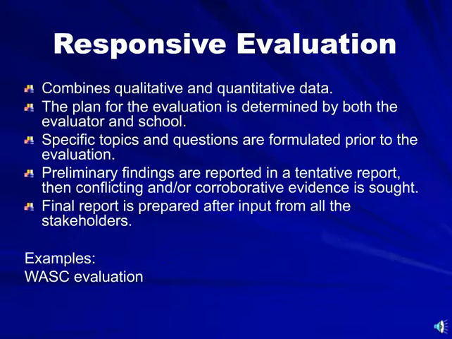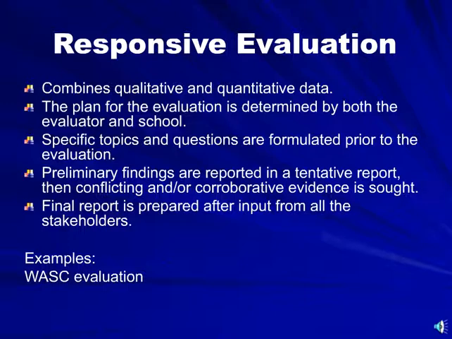What happens with responsive evaluation is that there is a plan for evaluation that is developed and decided upon by both the evaluating agency, evaluator, and the school. Very specific topics and questions are outlined and agreed upon before the evaluation.